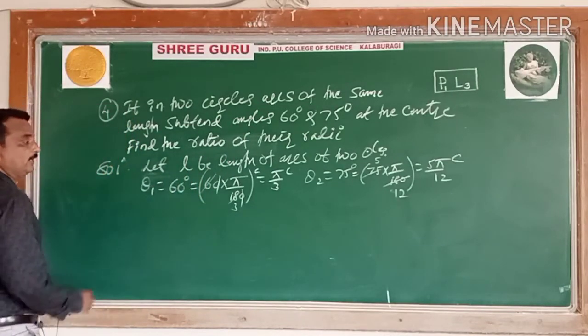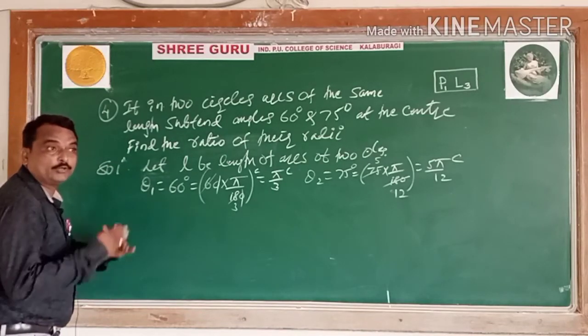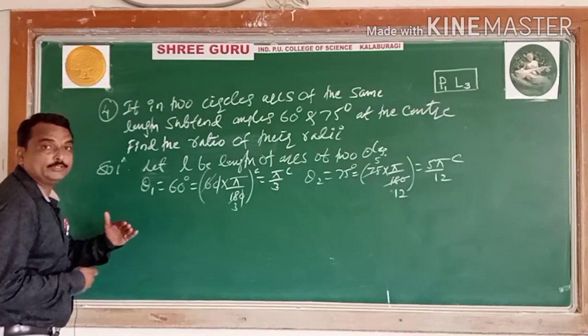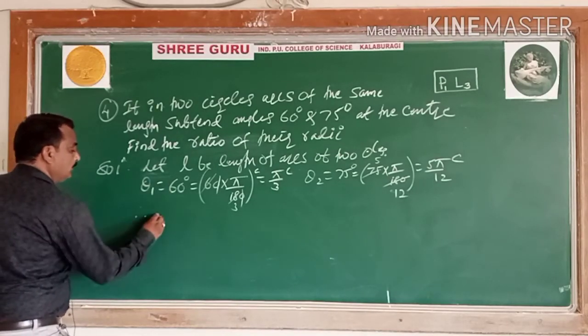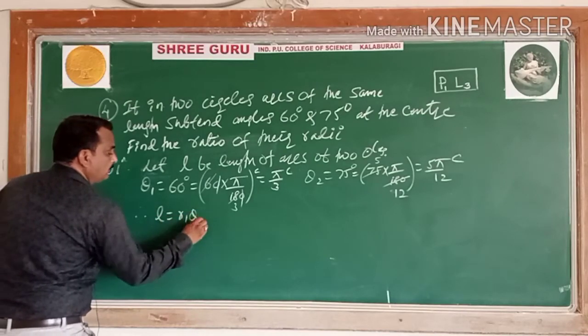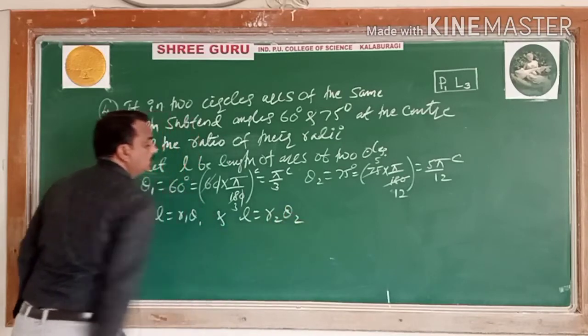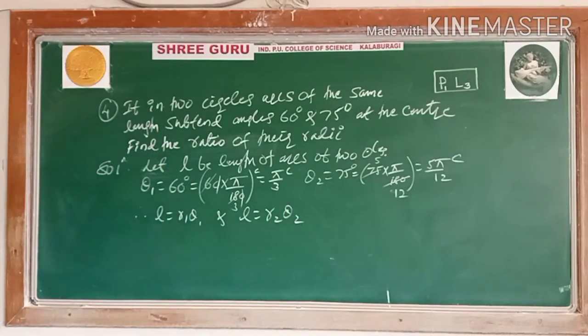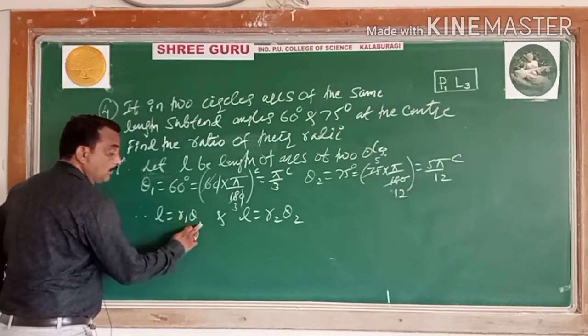So what do you have to calculate here? The ratio of the radii. Let R1 and R2 be the radii of the two circles. Therefore, L is equal to R1 theta 1 and L is equal to R2 theta 2. Why R1 theta 1?